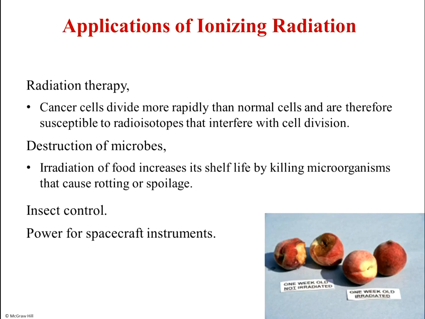So first we have something called radiation therapy. In radiation therapy, you introduce a radioactive source to kill cancer cells. So you might think, well, you're going to need penetrating radiation, so will alpha particles work?